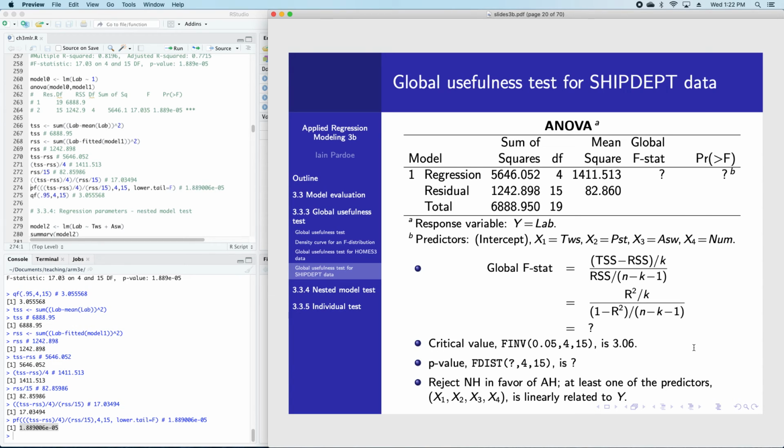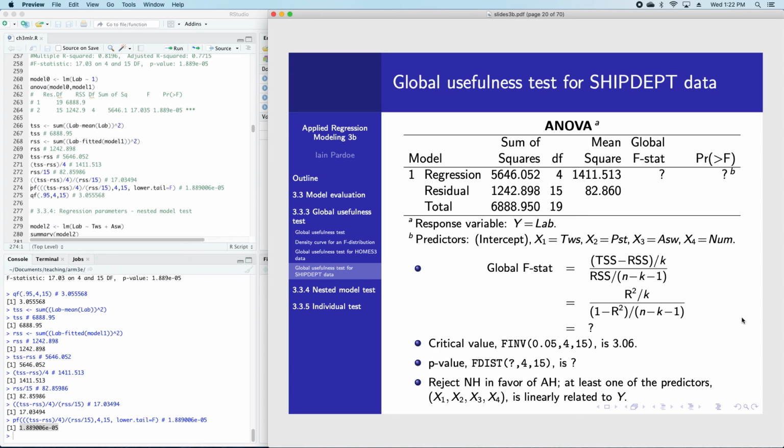So our conclusion, again, is rejecting the null in favor of the alternative because our test statistic is in the rejection region, or equivalently, our p-value is less than 0.05. So we conclude at least one of the predictors is linearly related to y. So that's the global usefulness test, or the overall F-test.